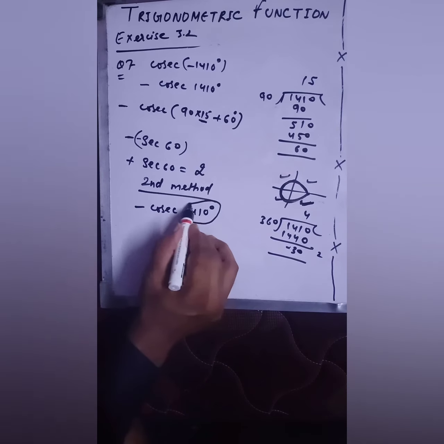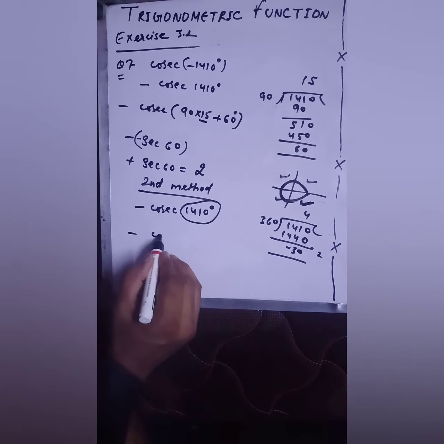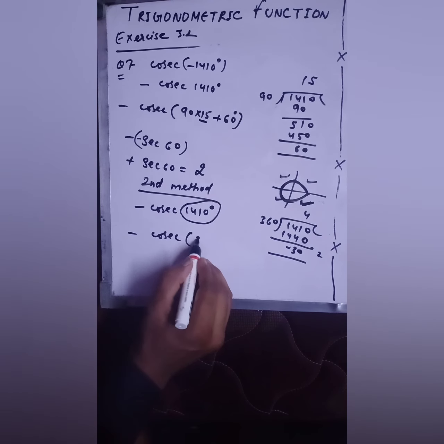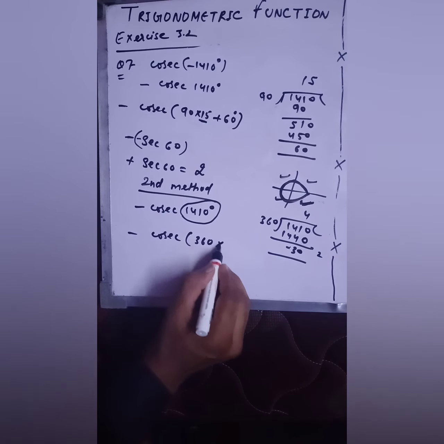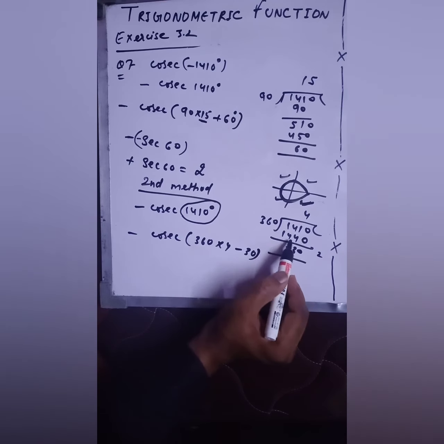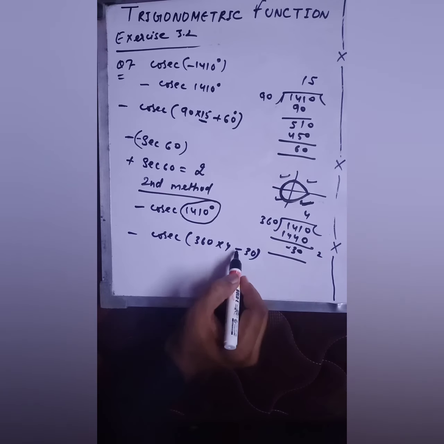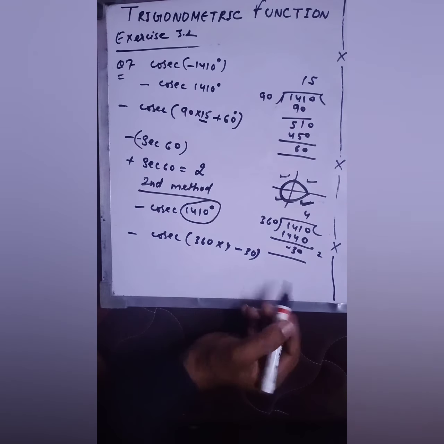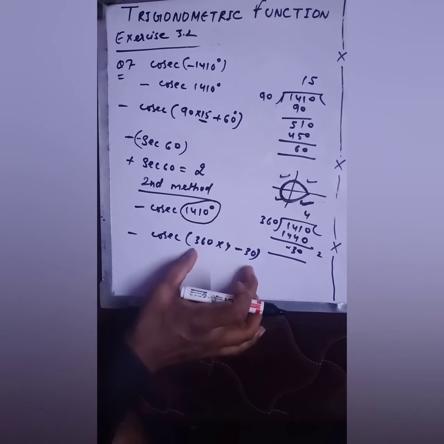So you will write this angle as cosec(360 × 4 - 30), because we are taking the value greater than this. That's why we write minus 30 here. We can write this angle in this form.